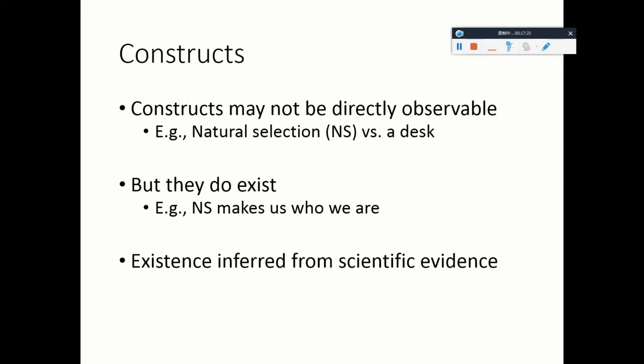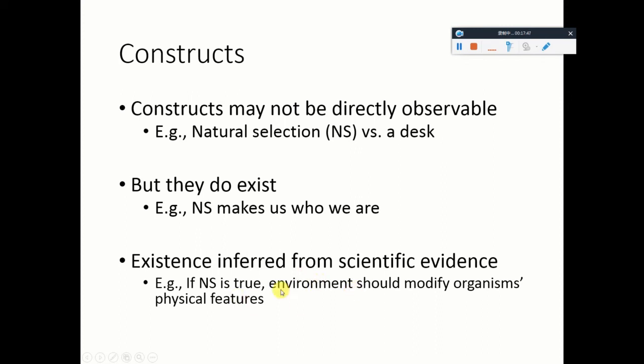The existence of the phenomena that we use constructs to describe very often are inferred, and the inferences are based on the data that we collected in properly designed studies, right? And those data we call scientific evidence.